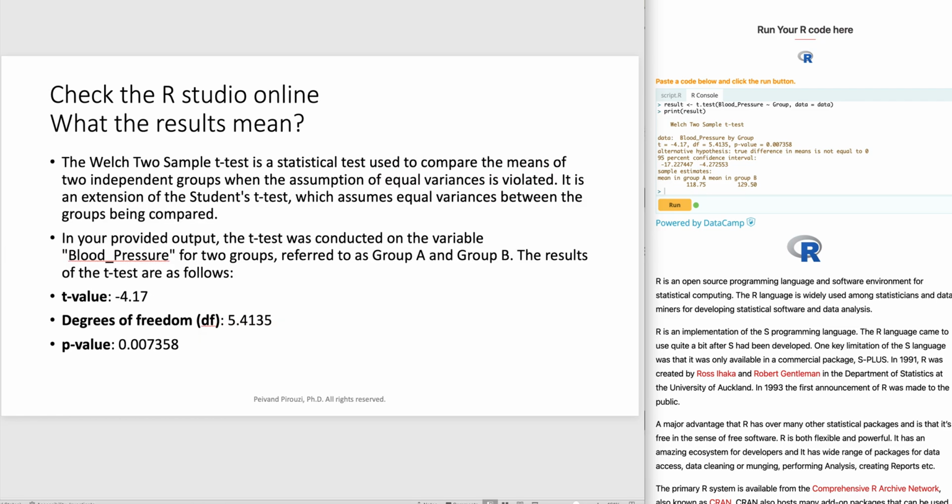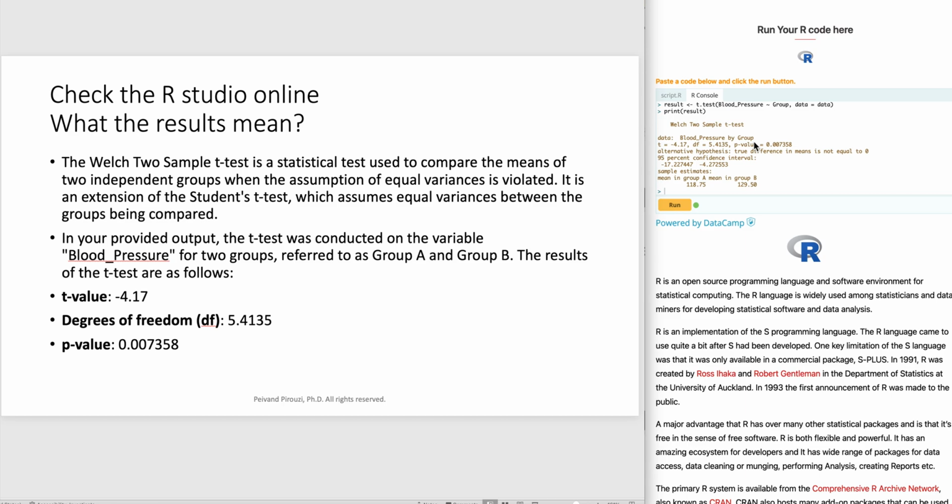So here we see the Welch 2 sample t-test. This is the test that the artificial intelligence is recommending to us. And then it tells us that the data is about the blood pressure by group.